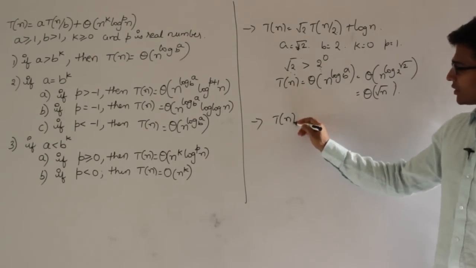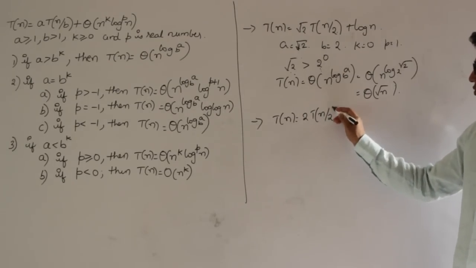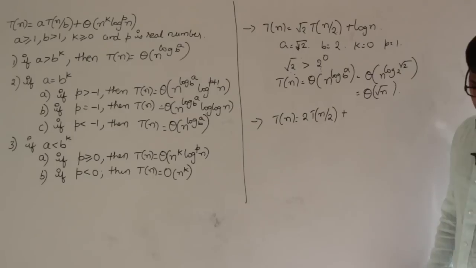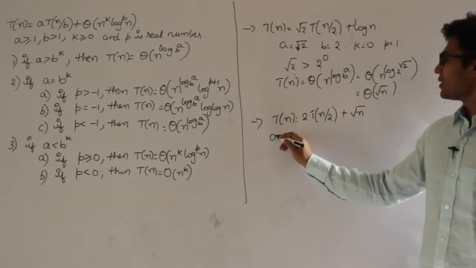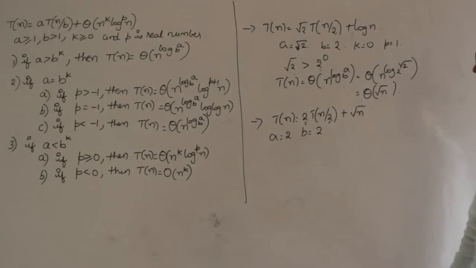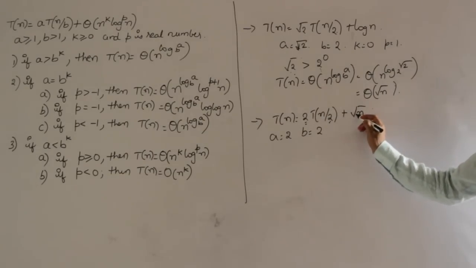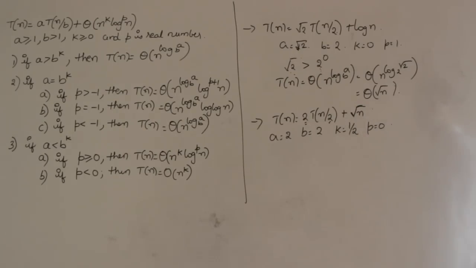T(n) = 2T(n/2) + √n. Now a = 2 and b = 2, and k = 1/2, p = 0, right?